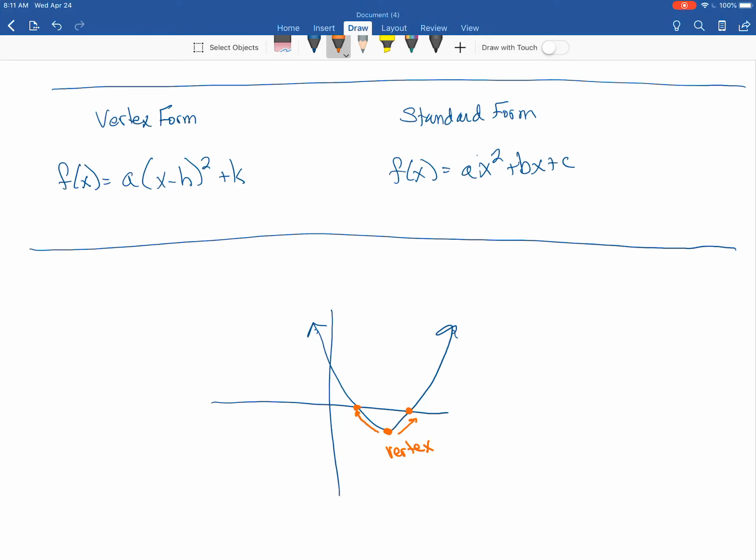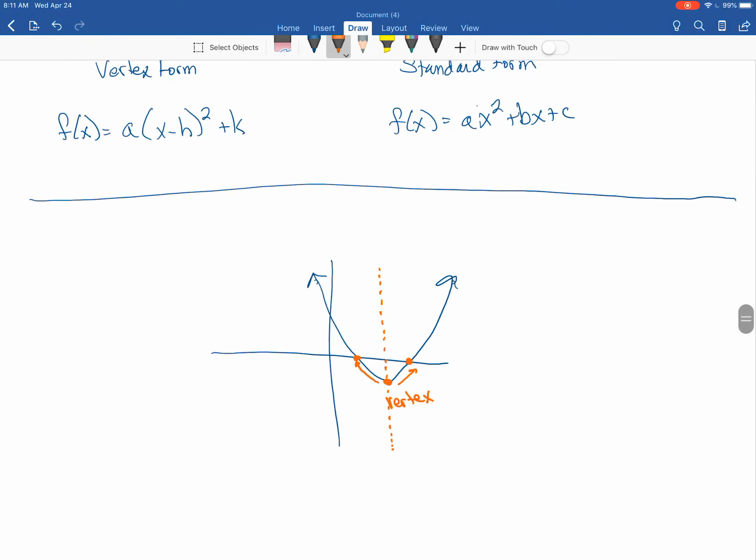Other questions will also possibly ask you, what is the axis of symmetry? Well, if I'm going to cut this parabola right in half, the equation of the line there, because it's a straight vertical line, it's x equals something. So it's x equals, and notice it's going to be at whatever value the x of the vertex is.